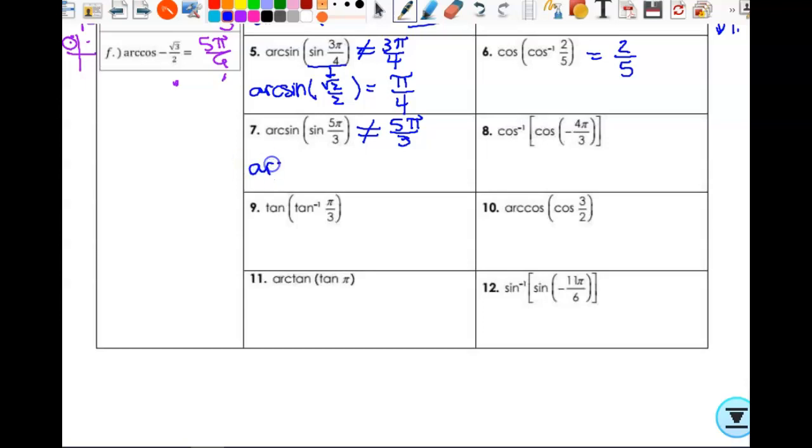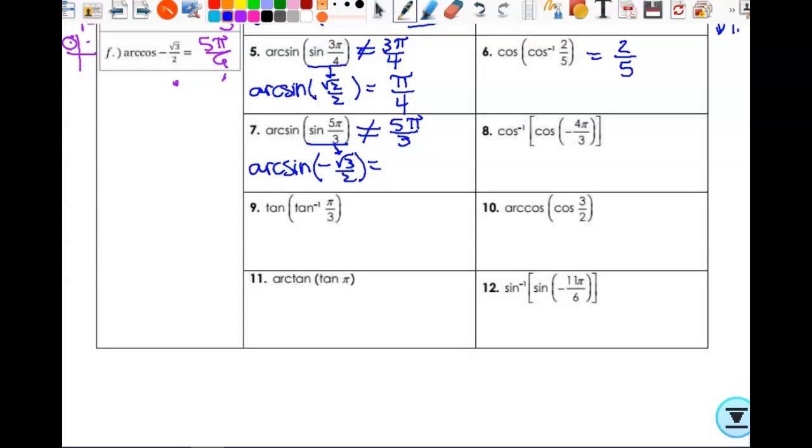So then I'm going to take the arc sine of, what is the sine of 5 pi thirds? Close. Negative square root of 3 over 2. Okay. All right. So then what is the arc sine of negative square root of 3 over 2? Negative what?